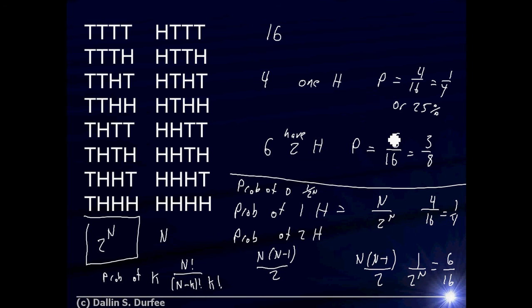Now, once I know the probability, how do I find the entropy? Remember the textbook definition of entropy: when I know the number of microstates, it's just k Boltzmann times the natural log of the number of microstates that realize that macrostate. So the entropy of having one head is k Boltzmann times the natural log, and how many ways were there to get one head?